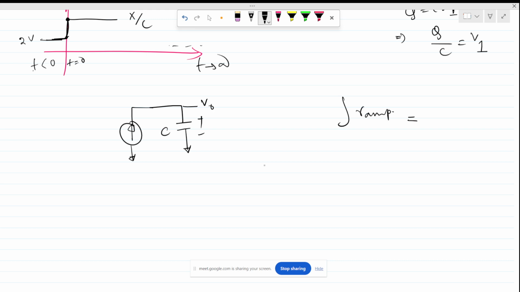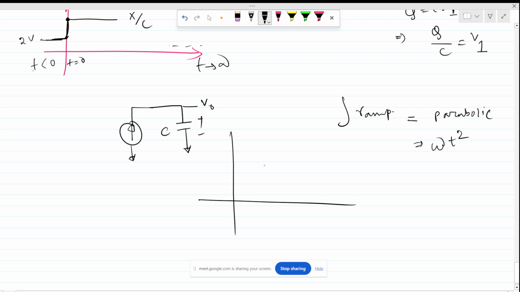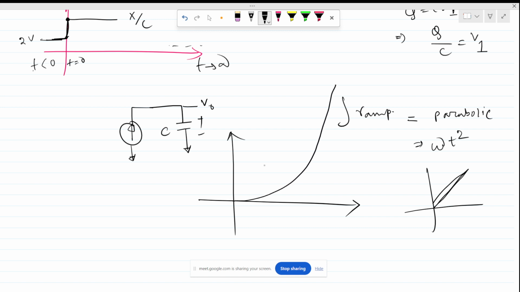This will be parabolic, right? There will be some t squared term. So we can directly comment on that. The current is ramping, so I think the waveform will look like this.